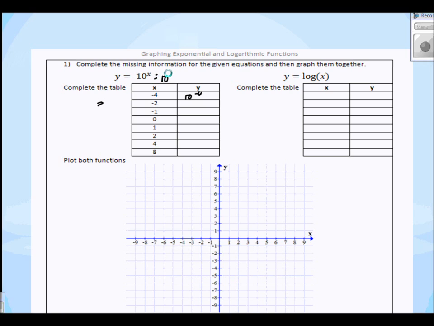So this is 10 to the negative 4 when you plug in negative 4, which in decimal is 0.0001, 10 to the negative 2 is 0.01, 10 to the negative 1 is 0.1, 10 to the 0 is 1, 10 to the power of 1 is 10, then 100, 1000, and so on and so forth.